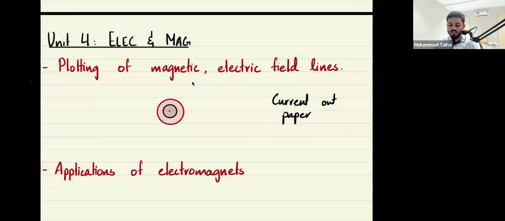But with concentric circles, the mistake that people make is that they do not show an increasing spacing. So if this one is this distance apart, the other one must be a larger distance apart. And the next one should be even further apart.